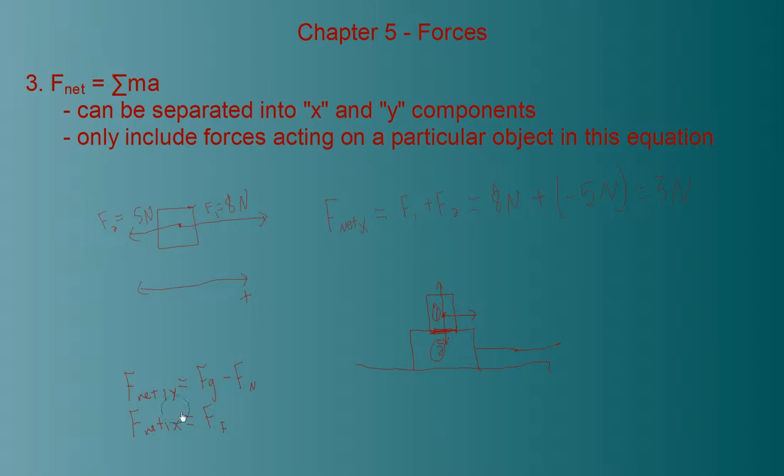We can do a separate net force equation for object 2. Each object gets its own set of net force equations. So that's really the only point I was trying to illustrate. I don't want you to get bogged down by all these details here because that's chapter 6 stuff. I just wanted to show you what forces to include on each particular object.